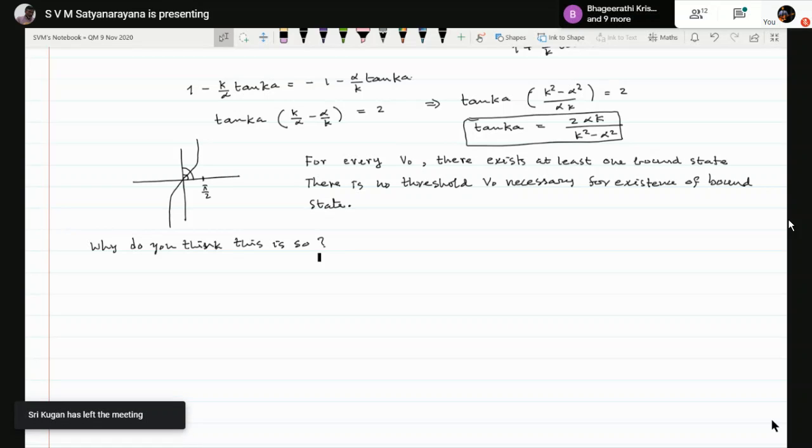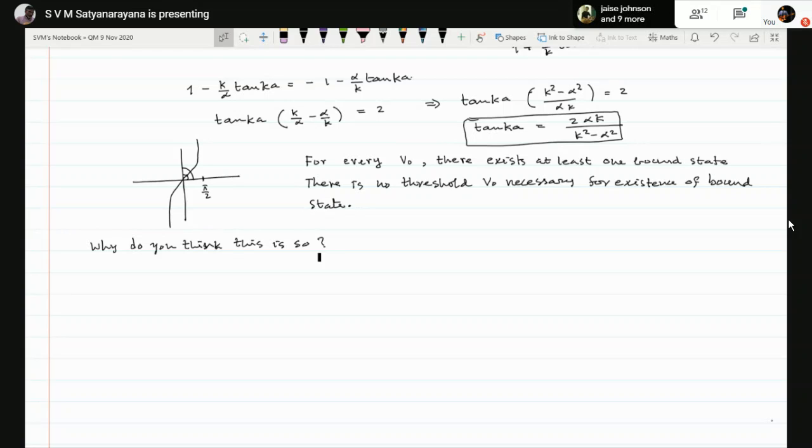Sir, if we plot the wavelength in both cases, finite and semi-infinite, from that we can understand. In case of the finite square well, the wavelength in principle can be infinite.